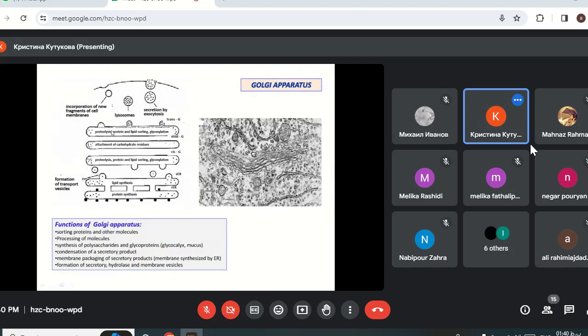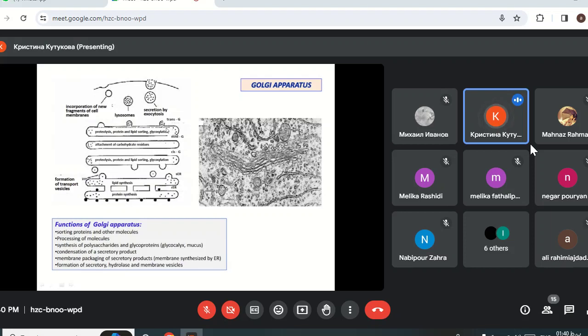It means that these molecules are covered with membrane of Golgi apparatus cistern and become vesicle with some content. And finally, formation of secretory, hydrolase, and membrane vesicles. So different vesicles detach from the trans pole or portion of Golgi apparatus.